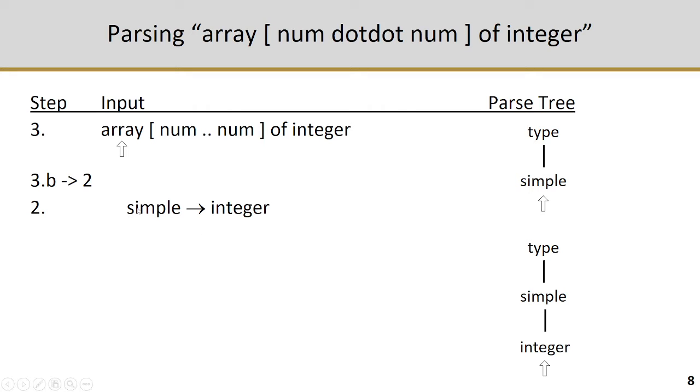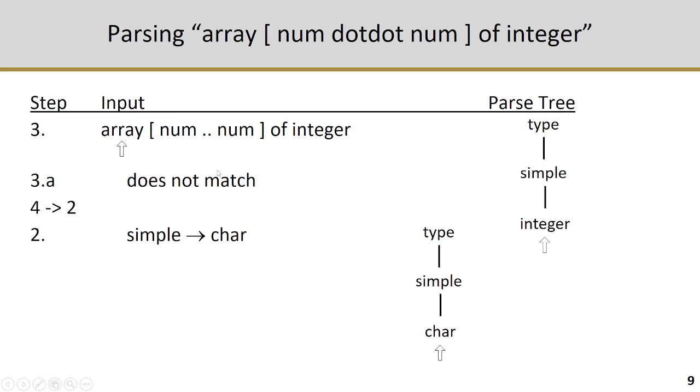The first rule is simple to integer, so we have the parse tree like type to simple and simple to integer. And at this point, the integer does not match the input where we have array, so we have to track back and try another rule.